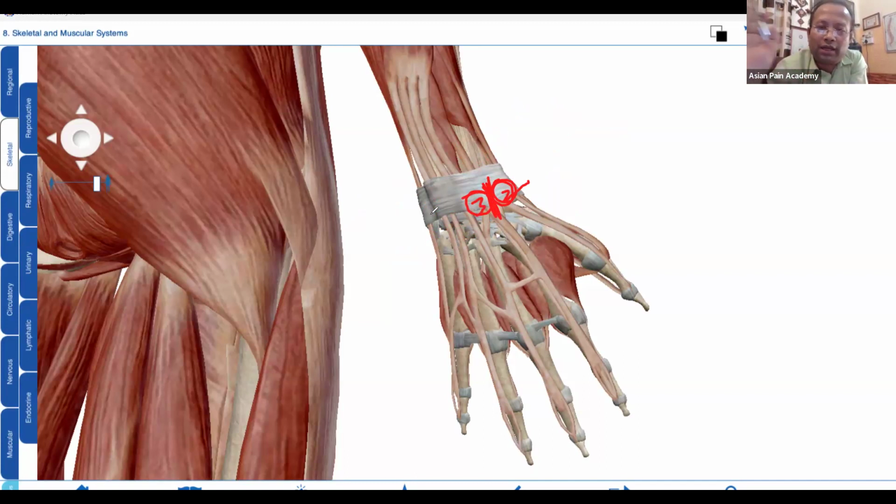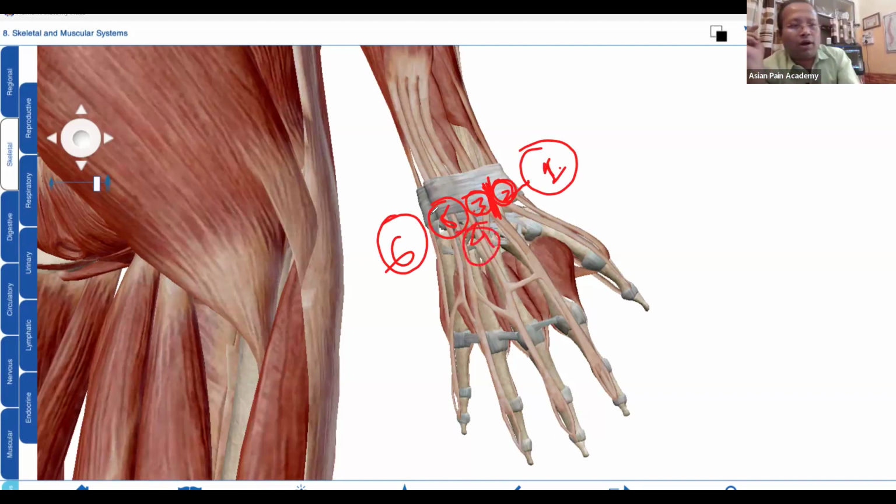Compartment number 5 is just above the radioulnar joint. 1 is above the radial styloid process, and 6 is above the ulnar styloid process. In between there is a big compartment, number 4, for the digitorum tendons. So let us see what the tendons are.